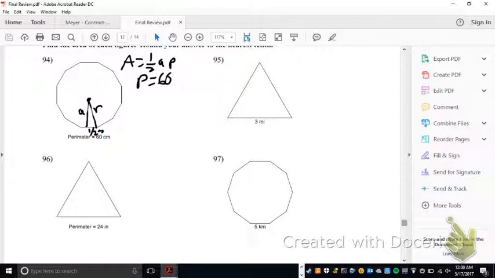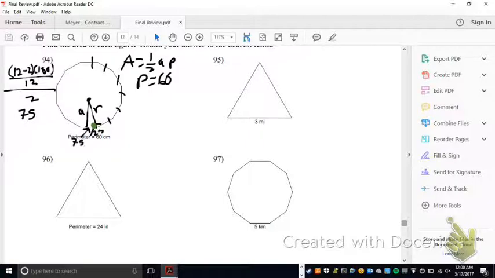So what we're going to do is we need to figure out what that bottom angle is. We're going to go around, count all the sides, and we have 12 sides. So we know then that each interior angle, all 12 of them, are going to be 150 degrees.